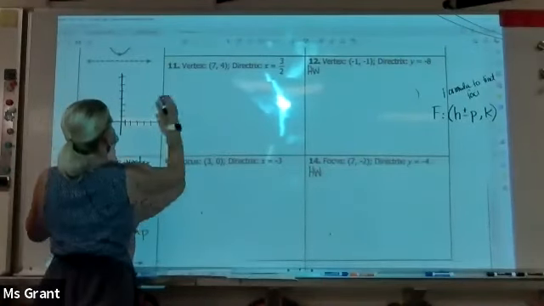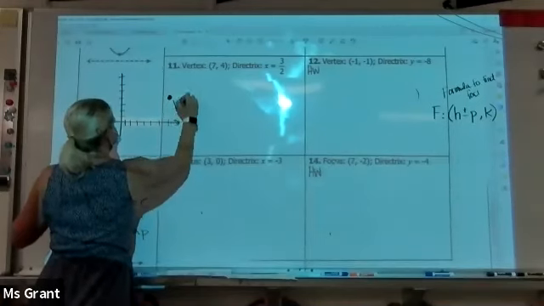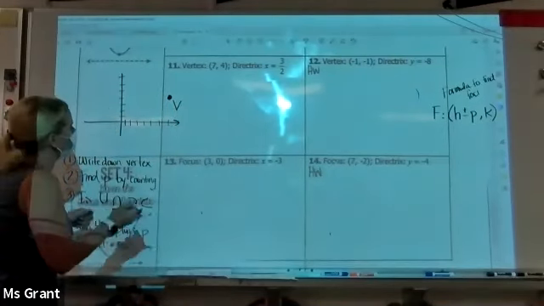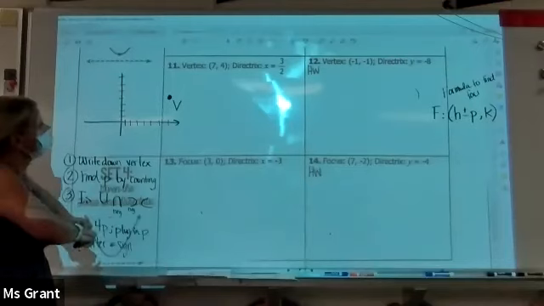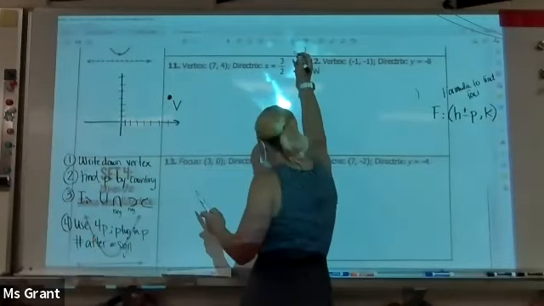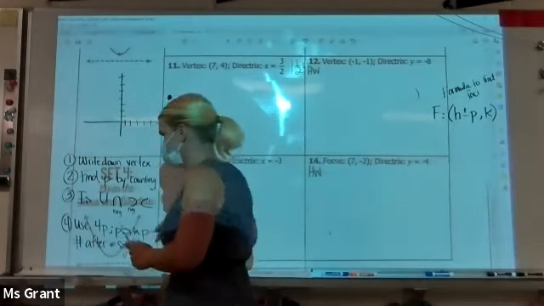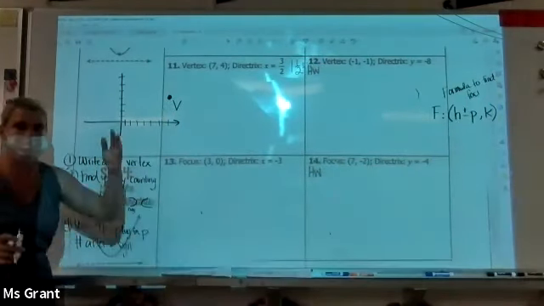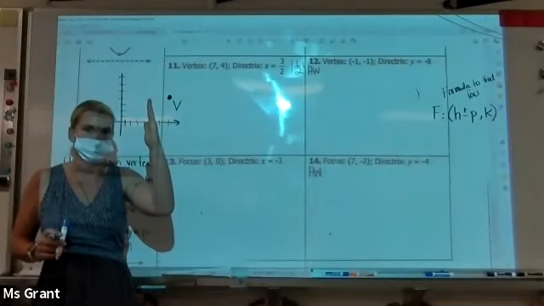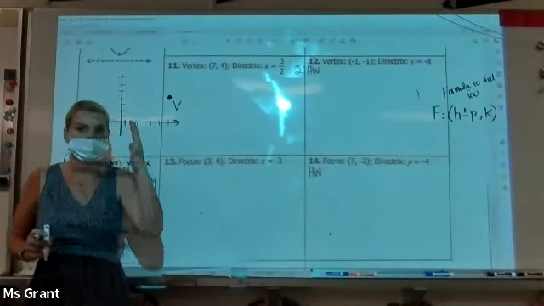Again, I can go larger because you guys are watching from home. My directrix, 3 halves, 1.5. X equals, that's a vertical line, up and down at 1.5.